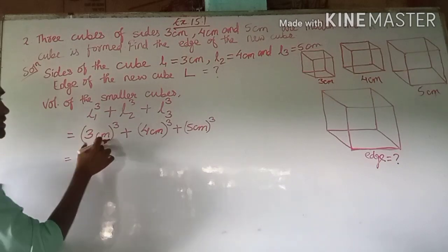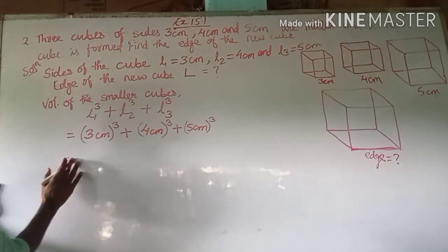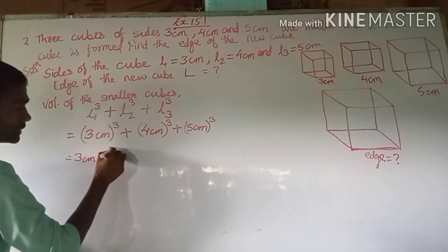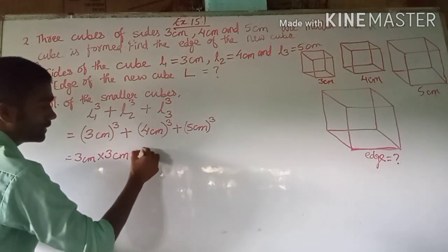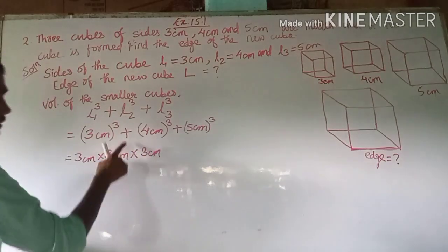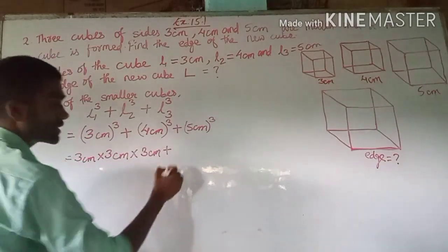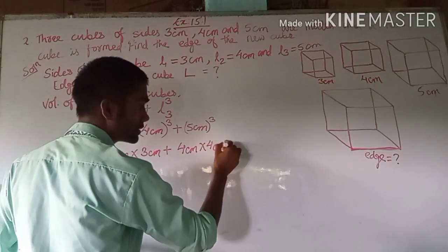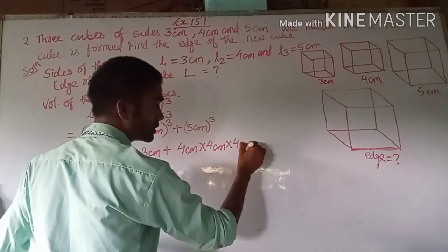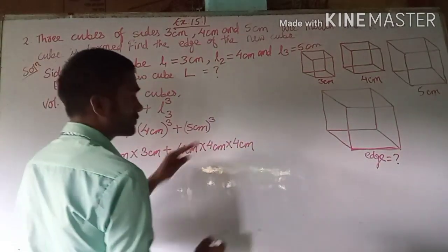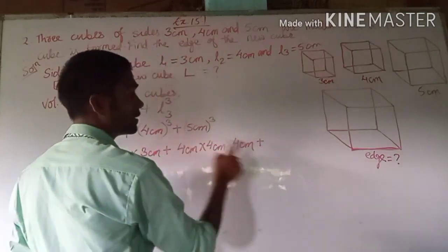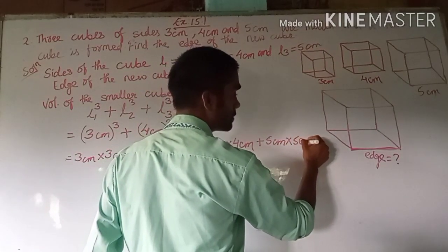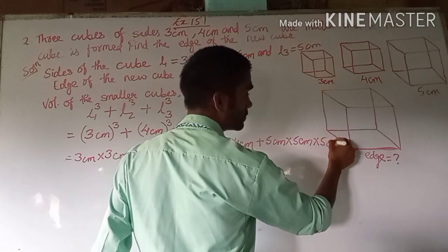That is 3 centimeter into 3 centimeter into 3 centimeter, plus 4 centimeter into 4 centimeter into 4 centimeter, plus 5 centimeter into 5 centimeter into 5 centimeter.